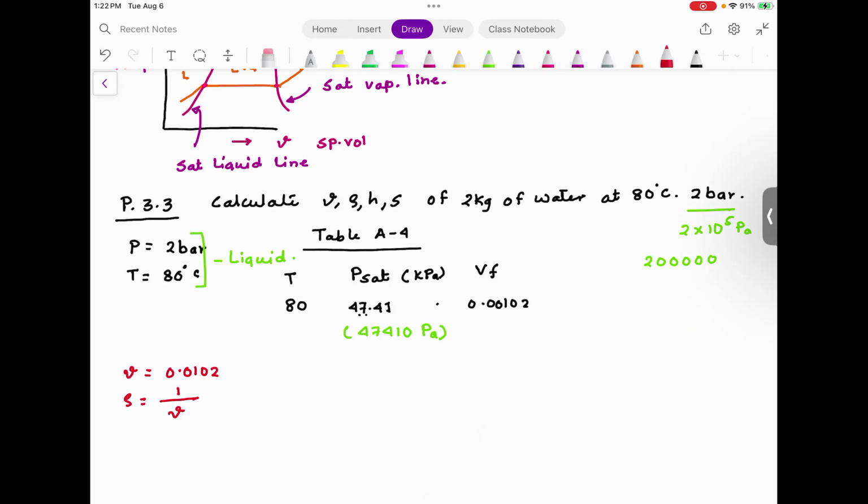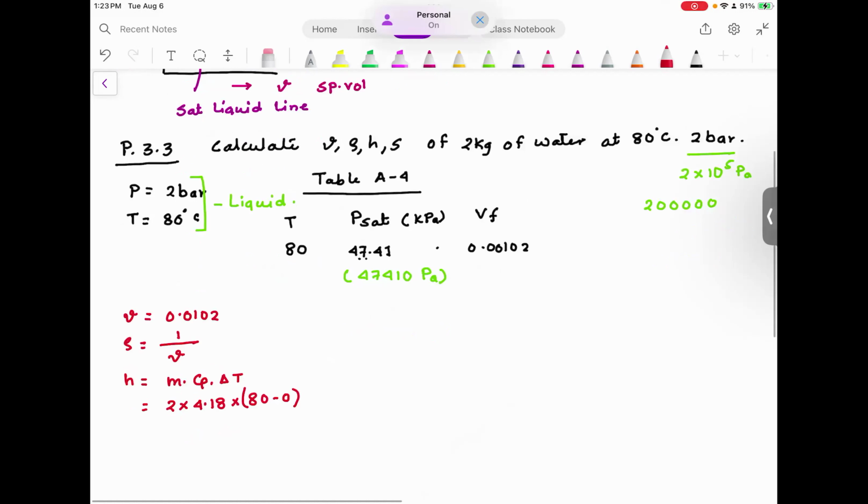Then the enthalpy of pure liquid is m Cp delta T, where Cp is the specific heat. Mass is 2, Cp of water is 4.18, and the temperature is 80 minus 0, because 0 degrees is considered the reference.